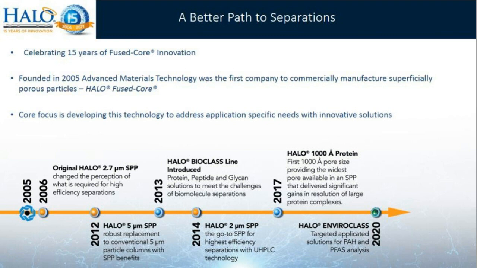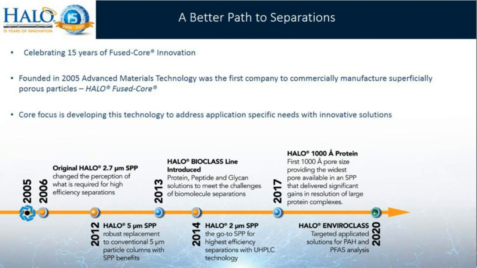Initially, as shown on the timeline on the bottom of the slide, we started with a 2.7 micron diameter superficially porous particle. We've expanded this over time to include 5 micron materials in small pore, so equivalent or appropriate for small molecule applications.